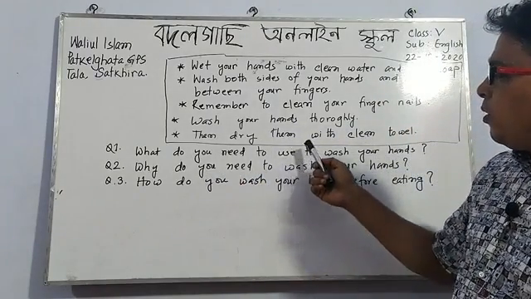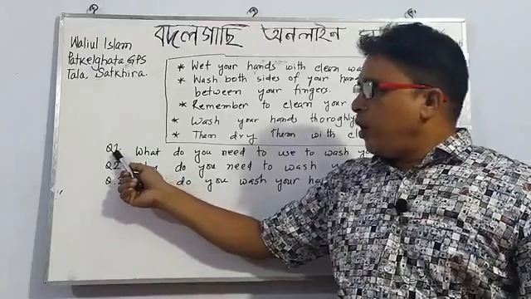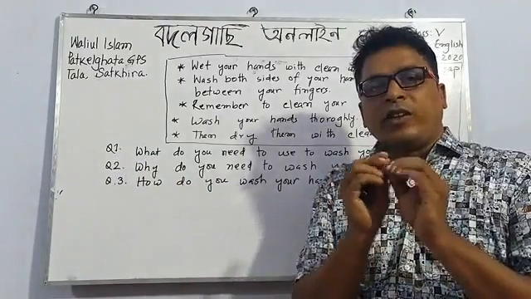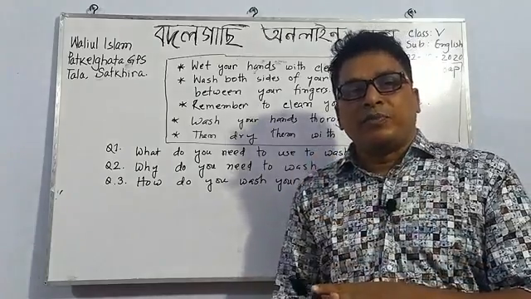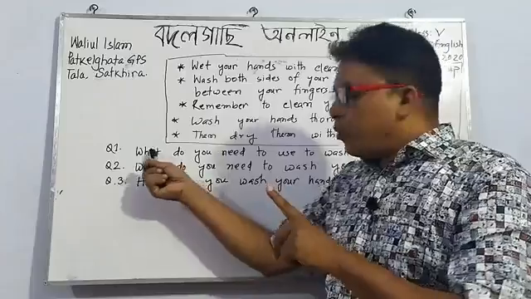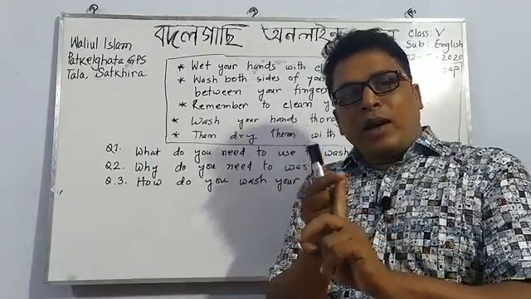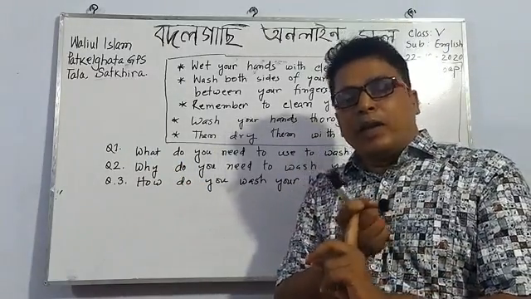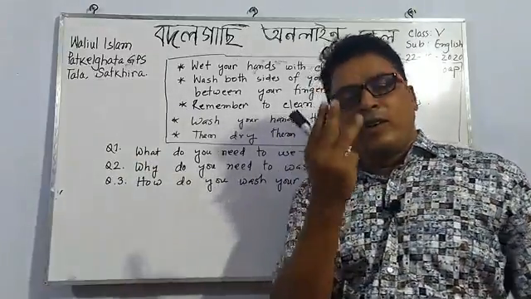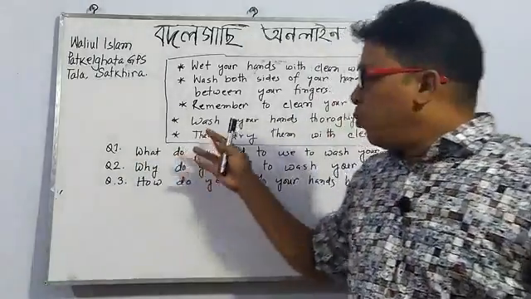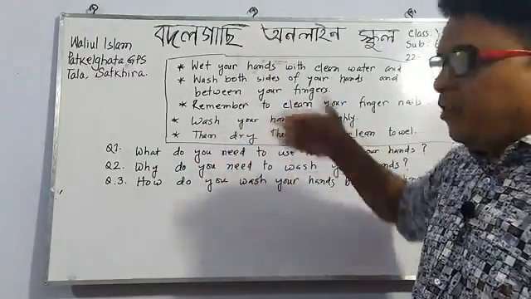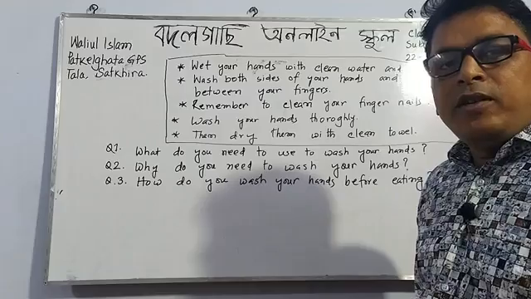So the number one type of question we answer very shortly. We can just give the answer. You also know about the marking scheme. Here number 1 is given only 1 mark, number 2 gets 2 marks, and number 3 gets 3 marks. So 1, 2, 3, that is 6 marks allotted for the instruction type question.